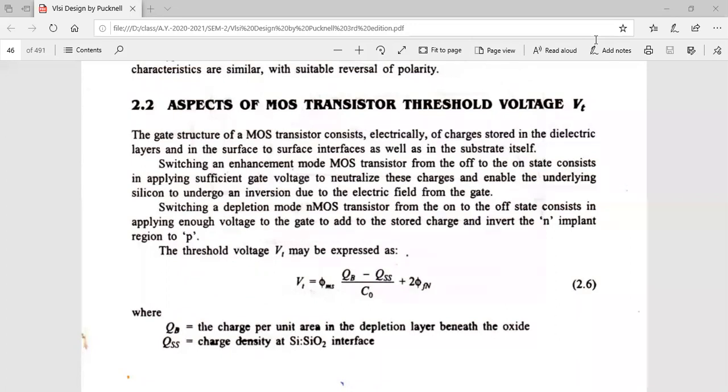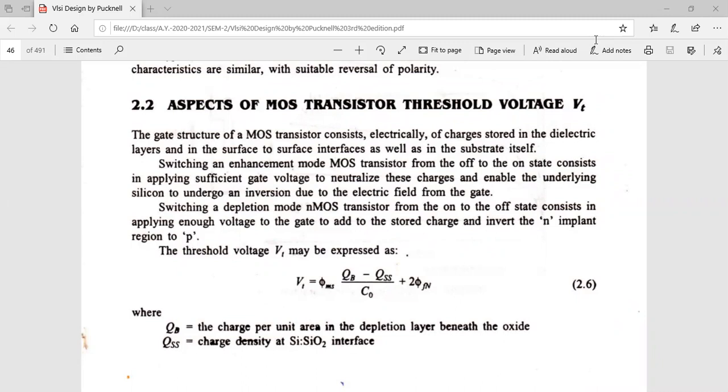When we want to make this enhancement mode MOS transistor go from the off state to the on state, it has to satisfy all these charges, and to satisfy them we require some amount of voltage. That voltage is nothing but the gate voltage.